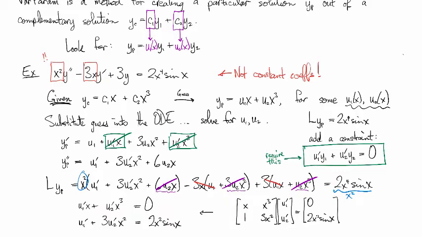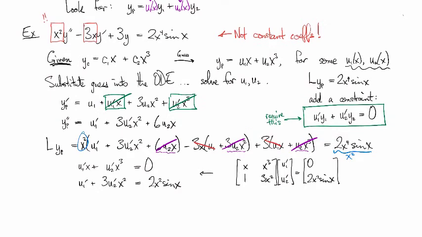So we can solve this by row reduction. And row reducing, we find, let's see, so we're going to get, maybe I'll do 3x squared, 2x squared sine x as my first row.